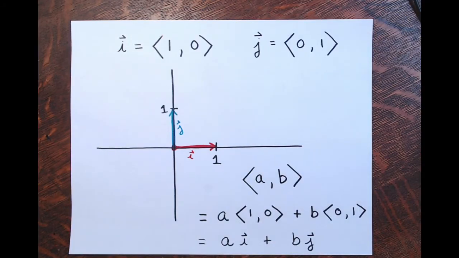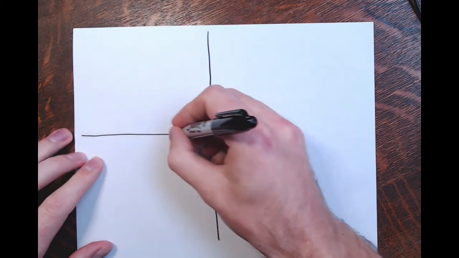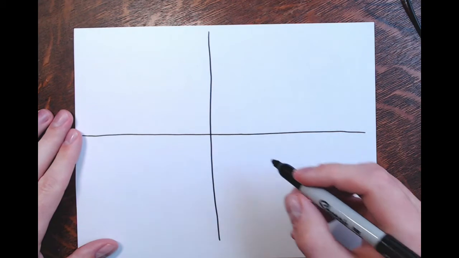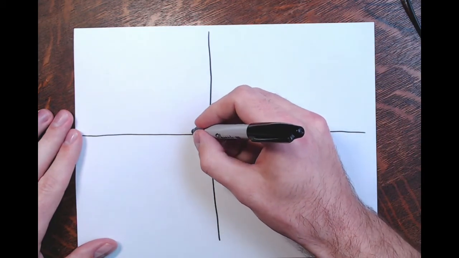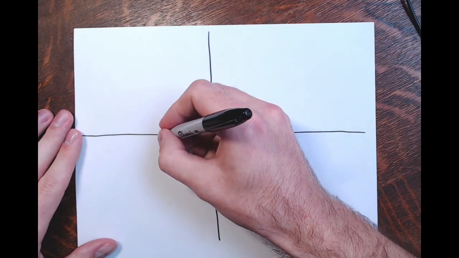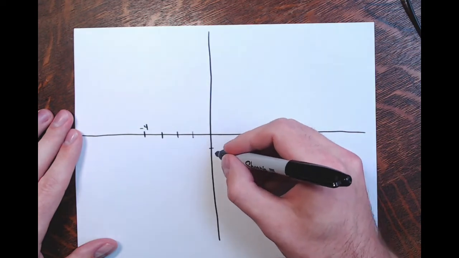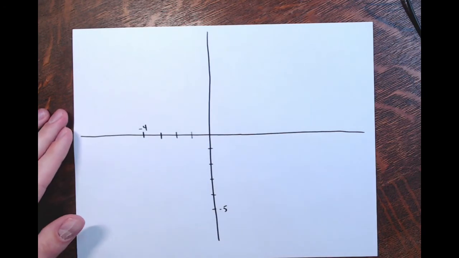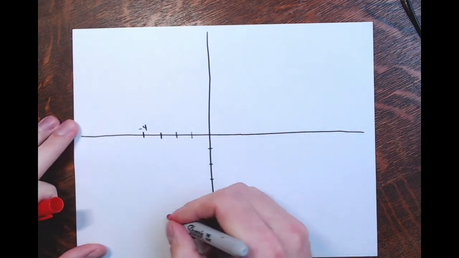Let's write out this information. So here's the coordinate plane. Again, I'm doing a hand drawing, and I'm going to try my best to make it look good. So we're given this point C at coordinates -4, -5, so -4 on the x and -5 on the y. Okay, so here's point C, the initial point of the vector.